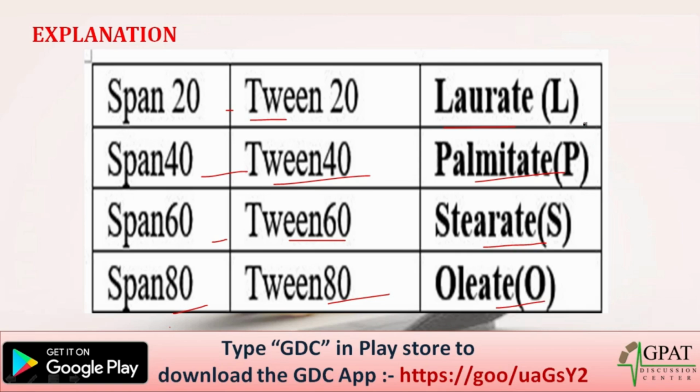So the trick is LPSO. You can also learn it as Lovely Public School Office. L for lovely, P for public, S for school, O for office. So it's all about that.